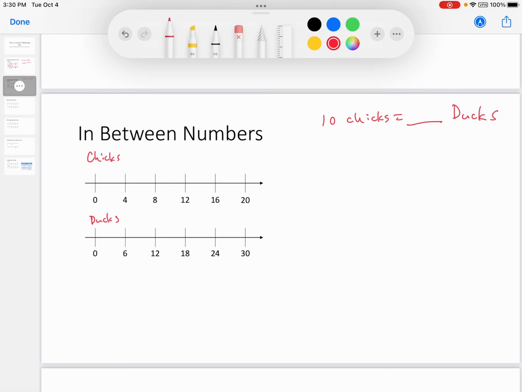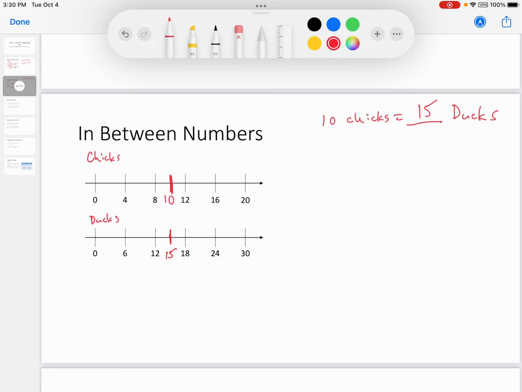Well, 10 is halfway between 8 and 12. So now we want to go halfway between 12 and 18 so that it lines up. 12 and 18 is 6 apart, and half of 6 is 3, and 12 plus 3 makes 15. So therefore 10 chicks would be 15 ducks.